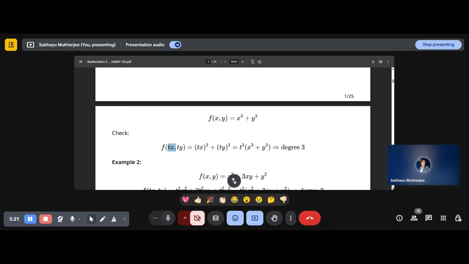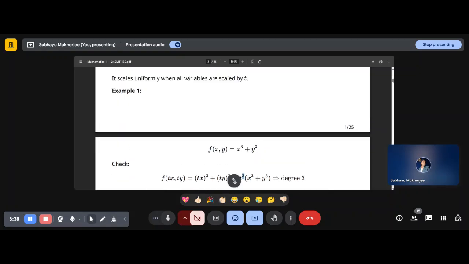If we keep solving, we finally get t cube outside as a common factor, and x cube plus y cube stays inside the bracket. So the power is now 3, because it's the highest degree.